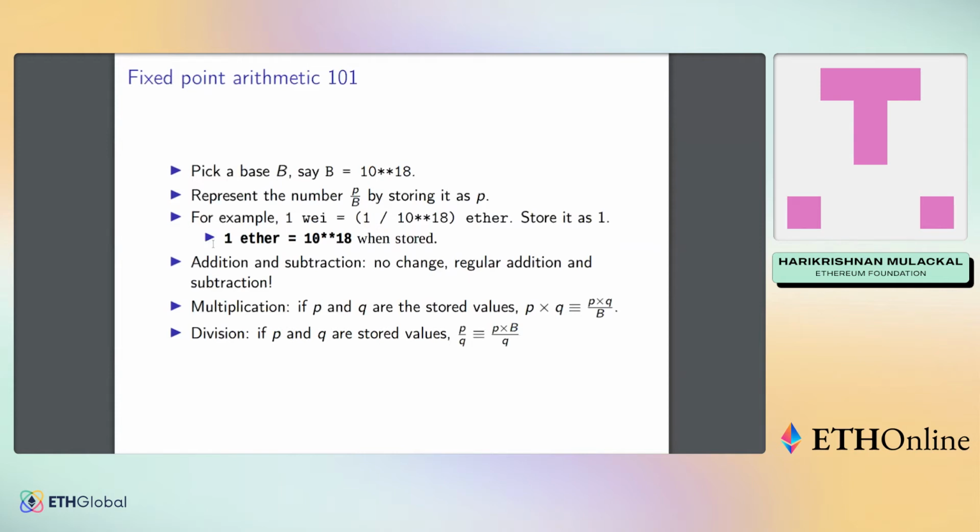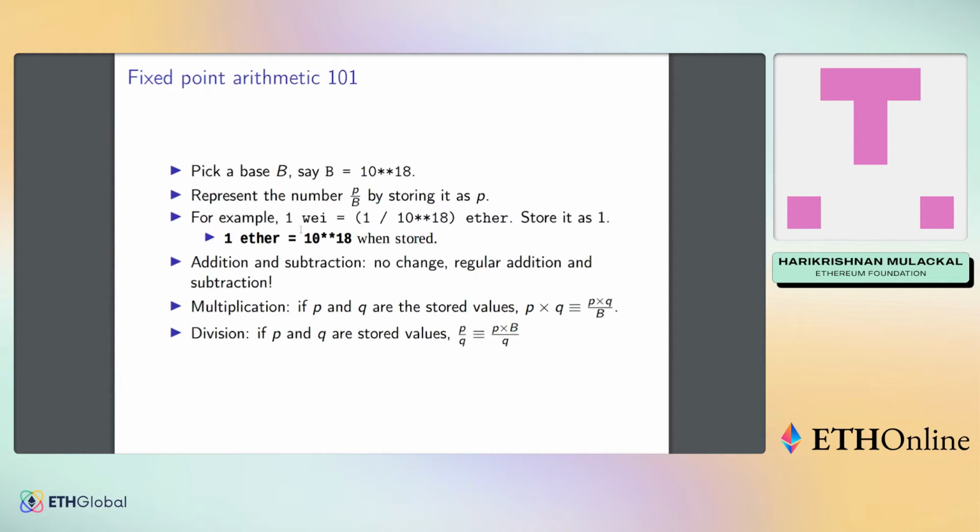Typically you start with a base, we call it B, and this is going to be, for example, 10 raised to 18. 18 is a good typical number because ETH has 18 decimals. One ether is 10 raised to 18 wei.